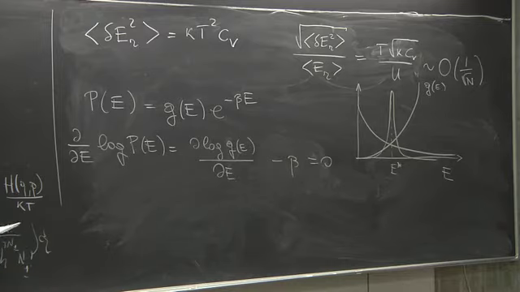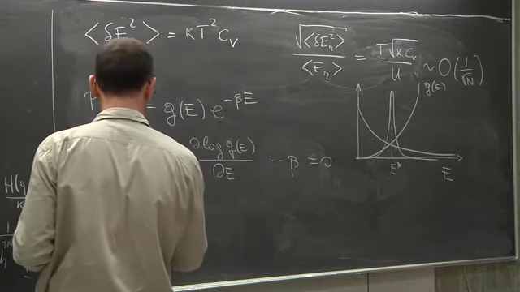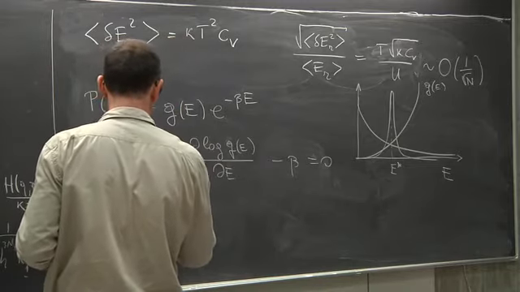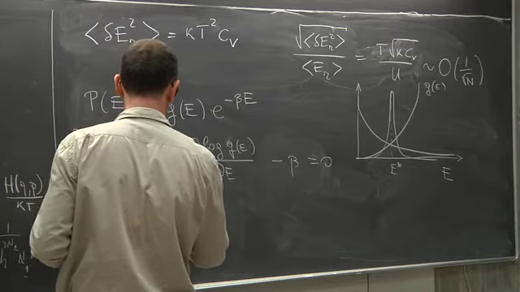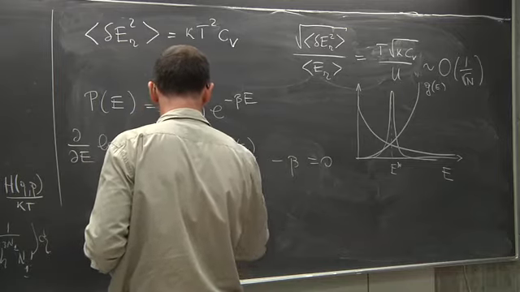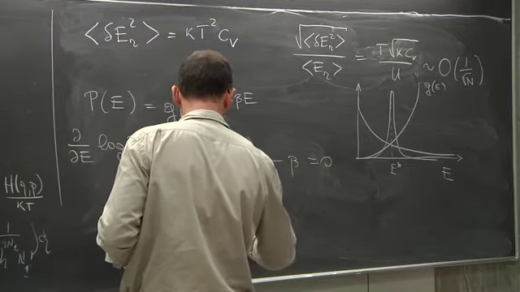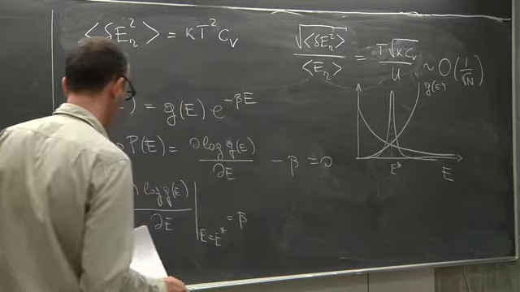The solution of this equation gives me the maximum, where the derivative of the log of G(E) divided by dE at E equal E star is equal to beta.